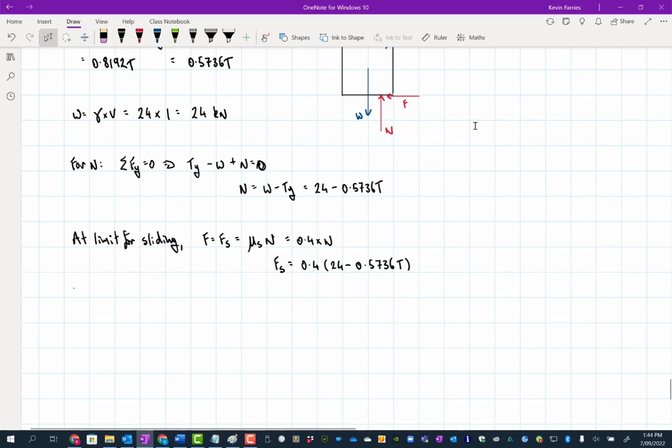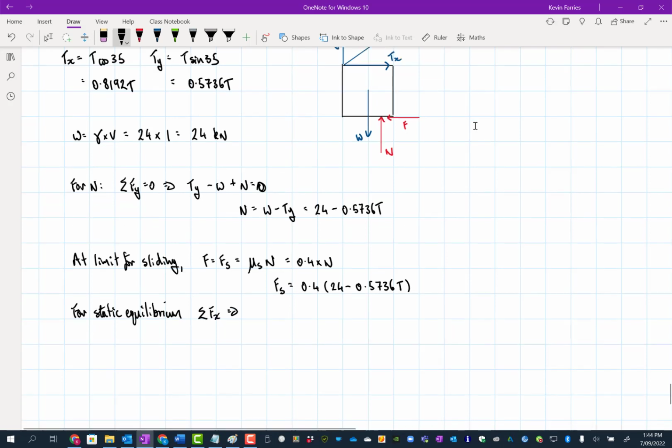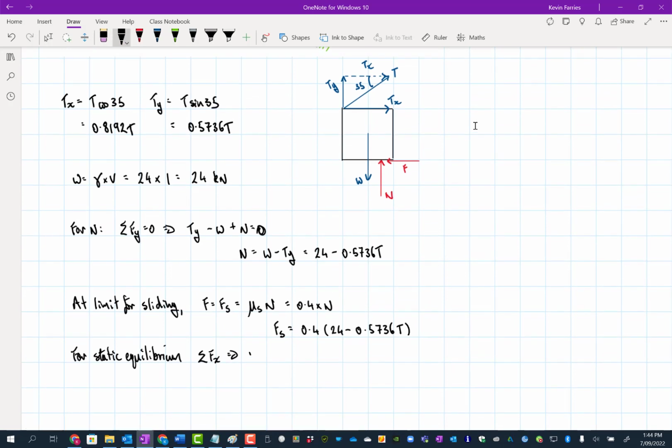So for static equilibrium, the sum of the x components must be equal to 0. So you've got positive Tx, take away, and at the limit it's going to be Fs. So let's just write it out: minus Fs is going to be equal to 0.